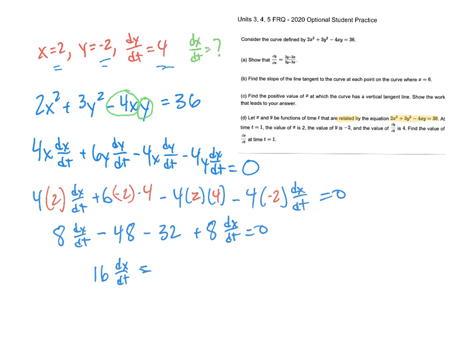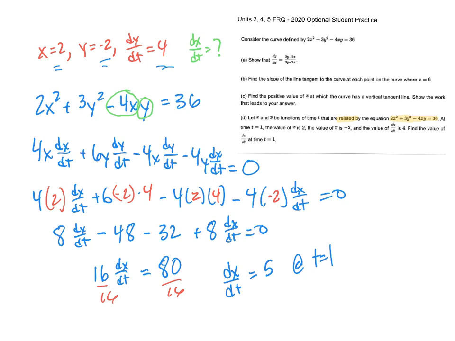Let's clean up my equal sign there. Oh, that's great. And I divide by 16 and I get 5. So the value of dx dt at time t equals 1 is 5. And we got it.